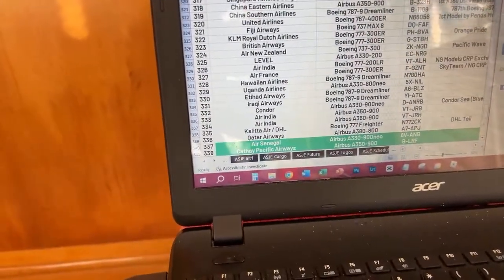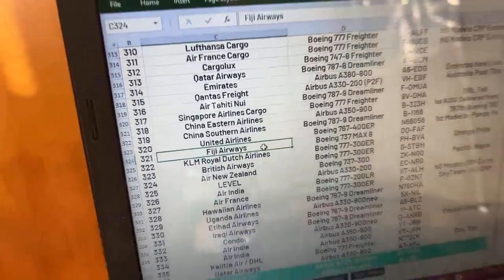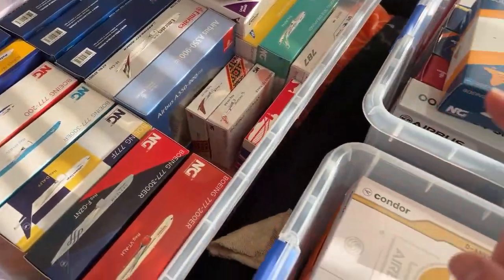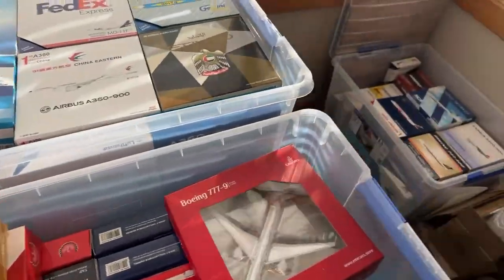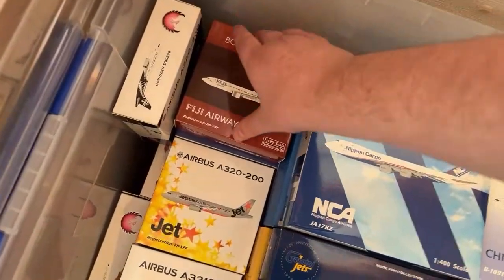And it is 321. And ironically, it is a MAX, and it is the Fiji Airways. It's over here. Right here.